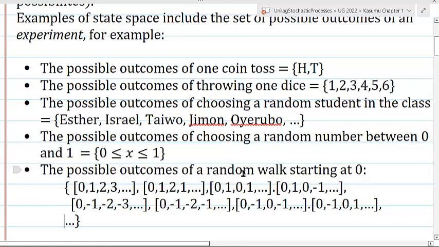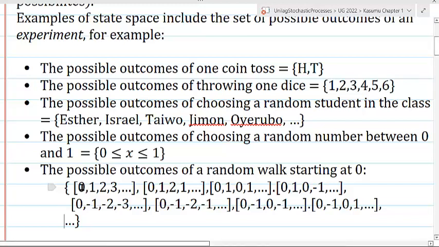Let's try to list some of these outcomes. Now, in fact, a random walk is an infinite process, so there would be an infinite number of possible outcomes. So let's just look at the outcomes of the first 4. Okay, the first one will be 0. So let's consider all the outcomes where the first one is 0.